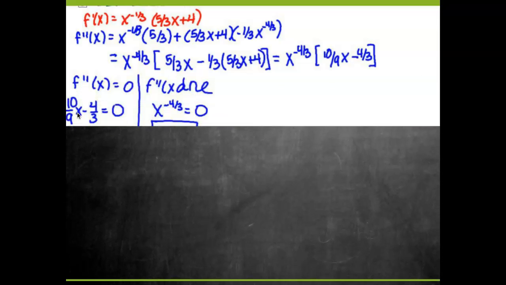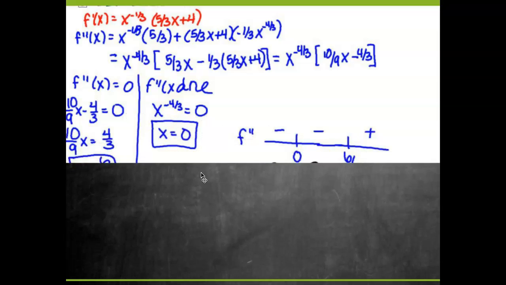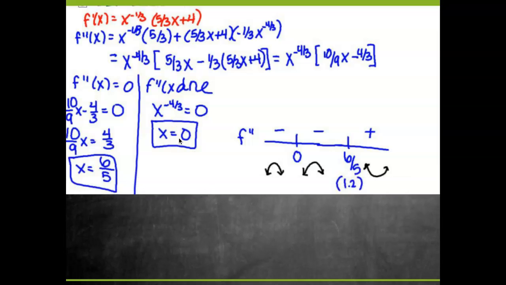So you have 10/9 x minus 4/3 equals 0, and x to the negative 4/3 equals 0, which we know the DNEs are going to be at 0. And then we get 6/5 over here. Now that DNE this time, and this should make sense, because again, I keep stressing it's a cusp.